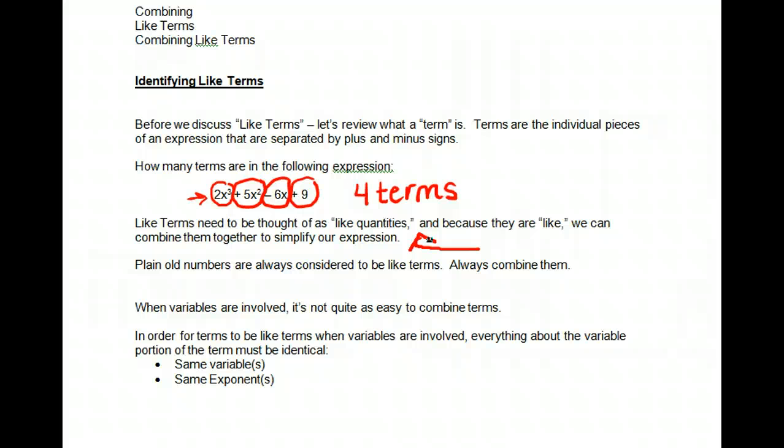Think of it like having 2 apples, 3 apples, and 7 apples. How many apples do we have altogether? 2 plus 3 is 5, plus 7 is 12. We have 12 apples. If you think of them as quantities rather than terms, it makes that abstract concept a little bit more concrete for you, and perhaps a little bit easier to understand.